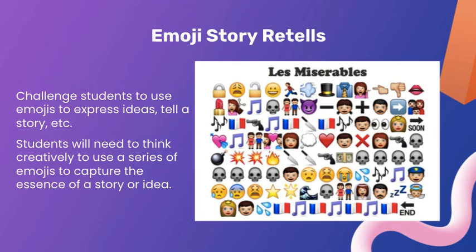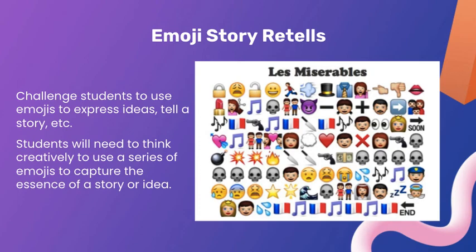I particularly like this example that I shared of Les Miserables, both a famous book and a famous musical, and I would say this one is probably a retelling of the musical. Students really need to think very carefully about the sequence of events within the story, the different parts, and what really gets at the essence of the story.